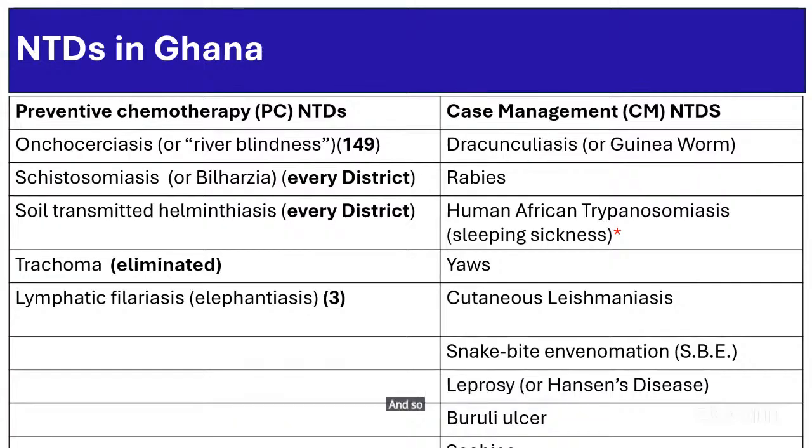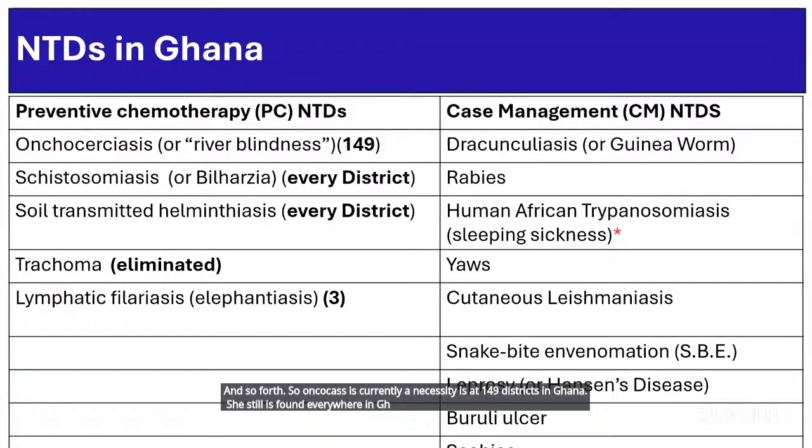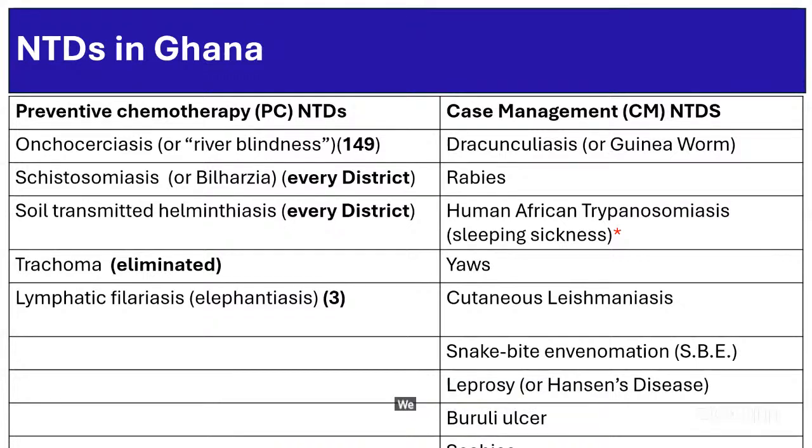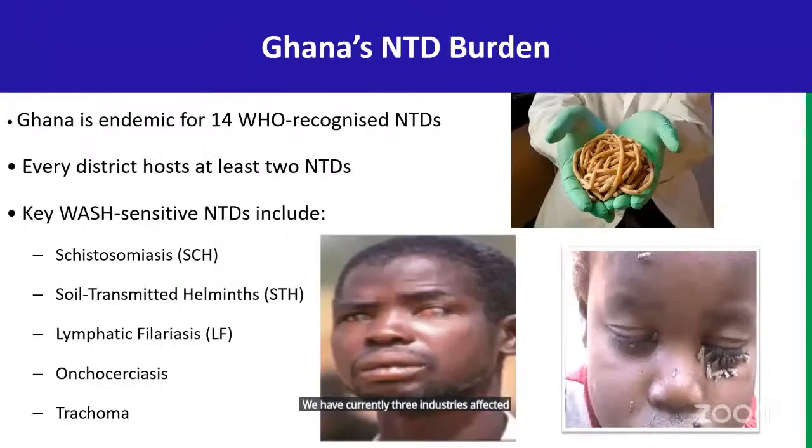So onchocerciasis, currently endemicity is at 149 districts in Ghana. Schisto is found everywhere in Ghana, as well as soil-transmitted helminthiasis. Trachoma has been eliminated already. Lymphatic filariasis, we have currently 3 districts affected. Now, let's look at the burden of neglected tropical diseases.